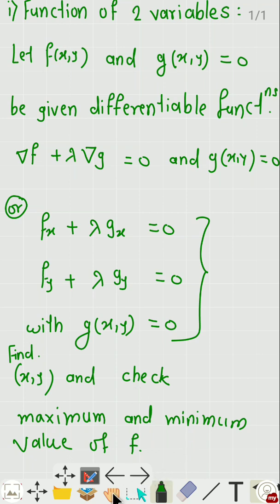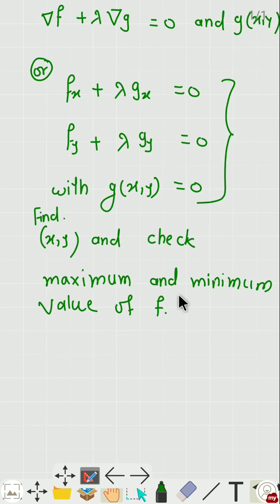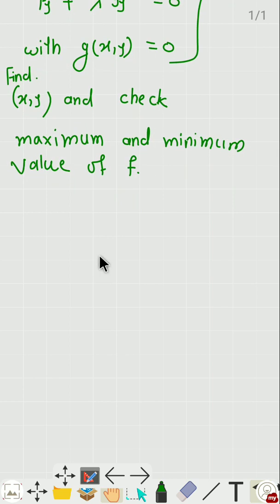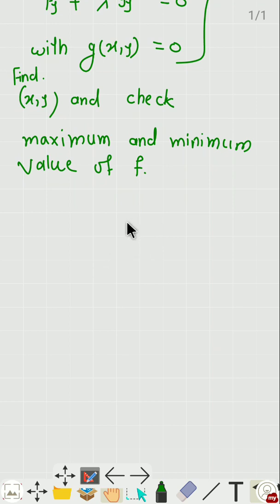Similarly, we can write Lagrange method for function of three variables. Just we have to introduce one variable z here.